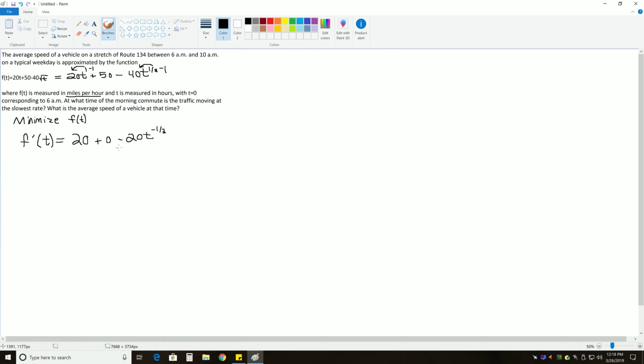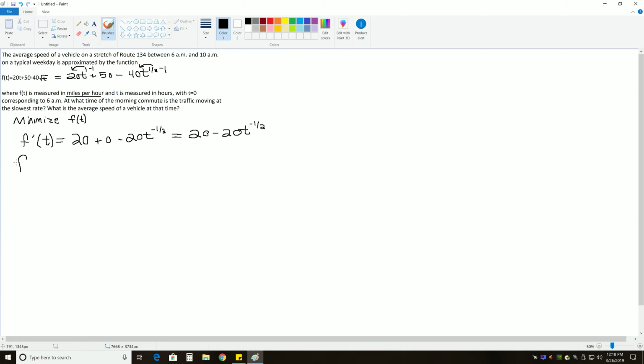Now, we're just going to simplify that really quick. Not completely, though, because we still have to find another derivative. So that gives us 20 minus 20t to the negative 1/2. And now we can find the second derivative by finding the derivative of this.